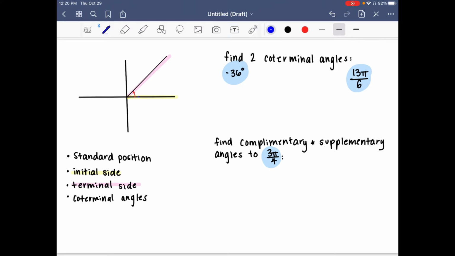So I pass the terminal side and make a full 360-degree loop, and I come back and end in the same place. If our original angle is 45 degrees, our blue angle is going to be 45 plus the 360 we went around, so that would be 405 degrees. And we're going in a positive direction.